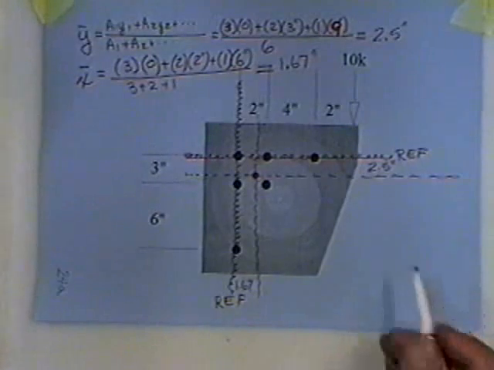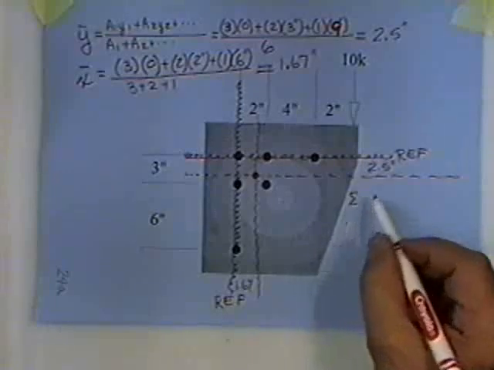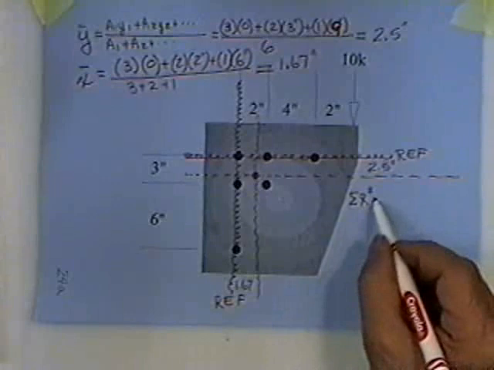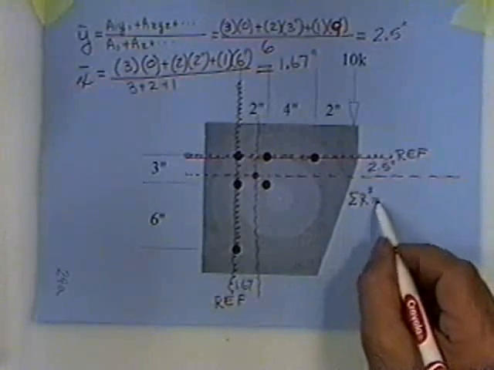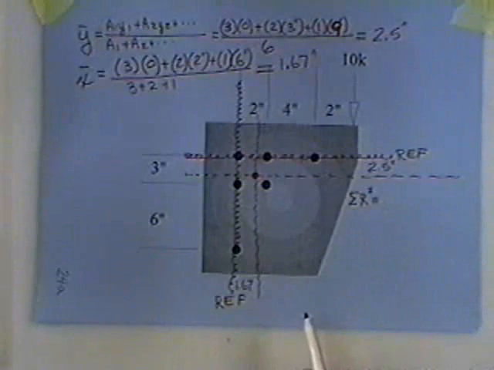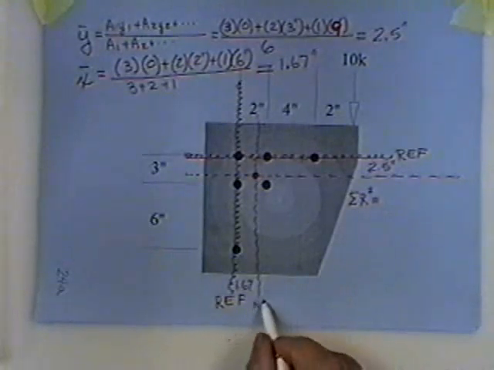The quickest way to find this moment of inertia is to sum up all of the X squared numbers. By that I mean if a bolt has an X distance off of the neutral axis, you add him in and you square him.